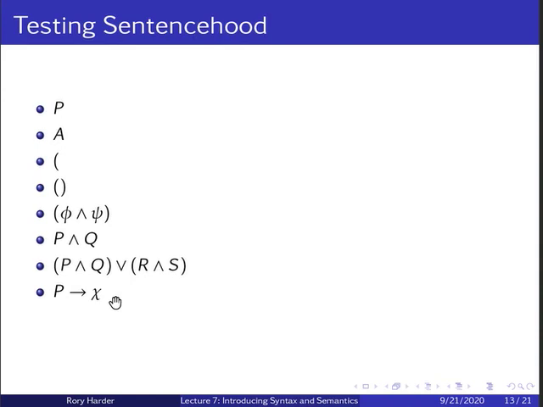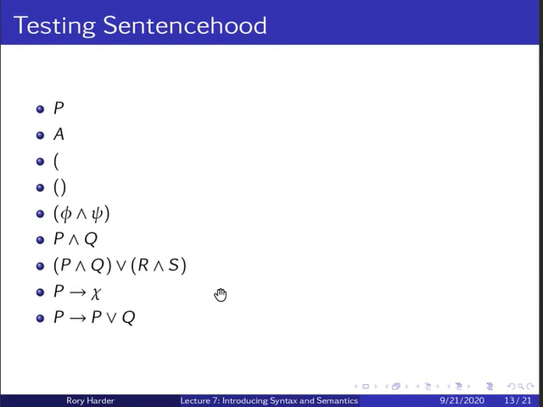And the answer is that no, it is not, because chi is not a sentence of our language. It's a variable that stands for arbitrary sentences. So similar to how phi and psi is not a sentence, if P, then chi is not a sentence either.